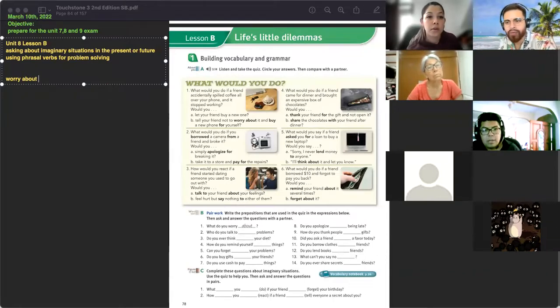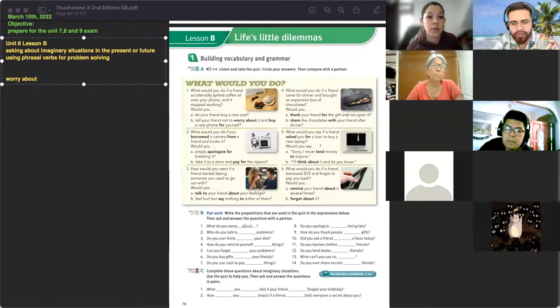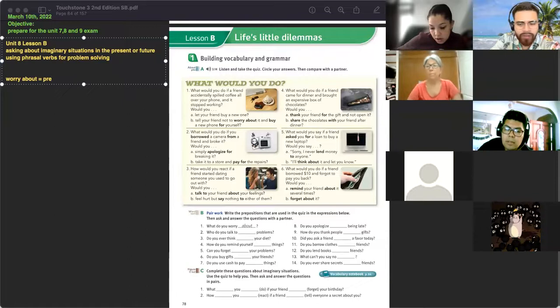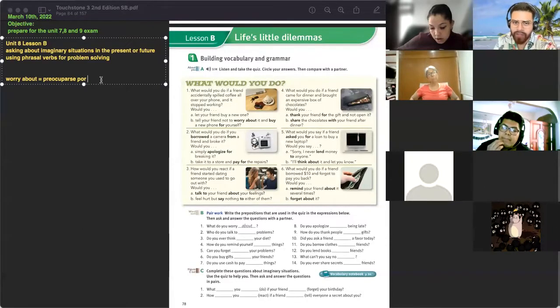Because in Spanish, what is worry about? Preocuparse de algo, por algo. Yes, preocuparse por. And generalmente por is for, but not in this case. So we have to be very careful because worry about is a common verb in English.